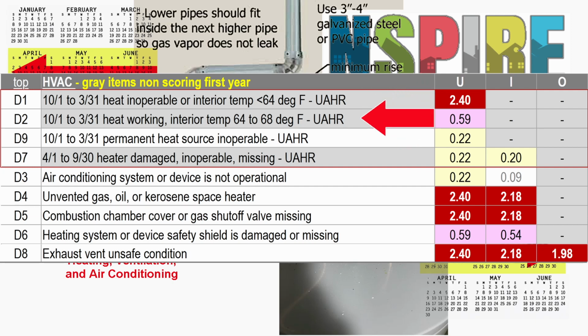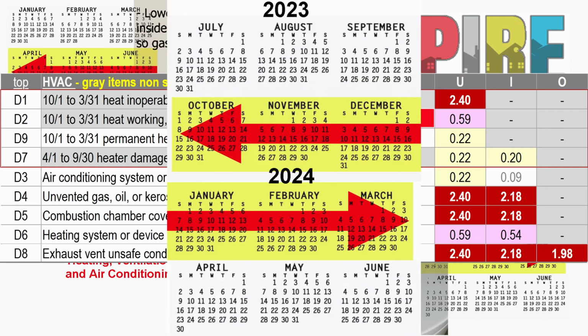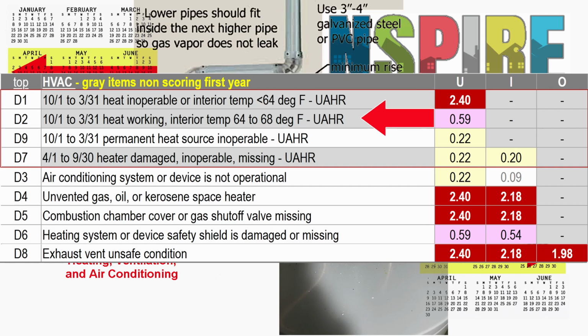Deficiency 2, it's between October 1st and March 31st, and the heat is working. I thought this meant it was inoperable, but this is only if it's working. The interior temperature is between 64 and 67.9. So the heat is working, but it's not quite warm enough. That's a severe level of severity.